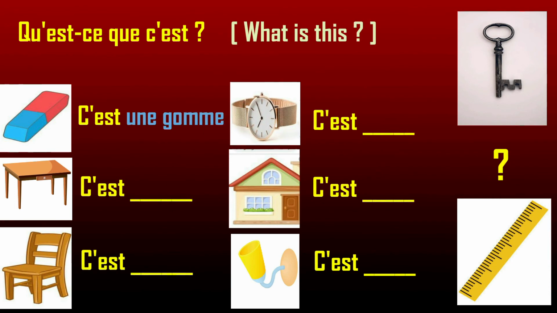Then table, chair, watch, house, lamp, key, and ruler. So write the answer for this also. You are supposed to go through these lessons, play back these videos at least for half an hour to 1 hour a day till you are quite sure of the content.